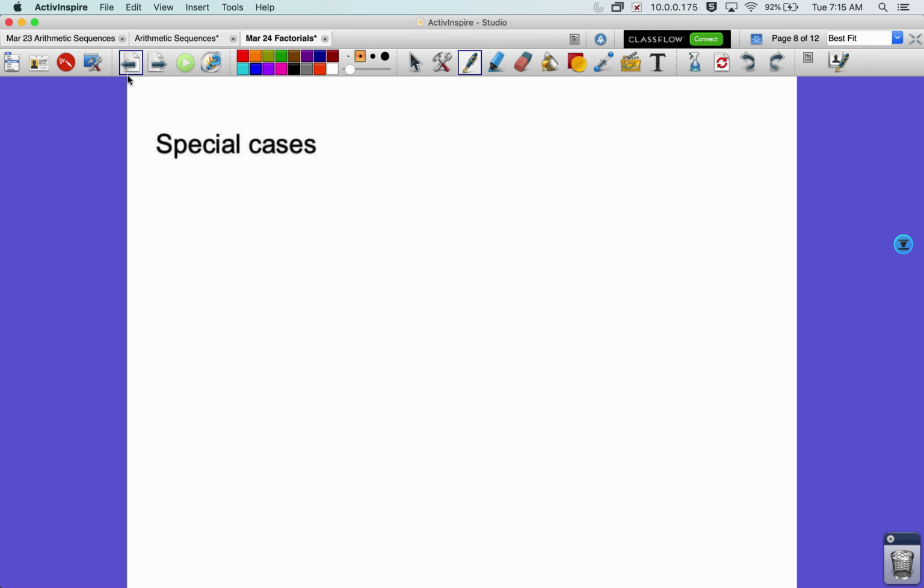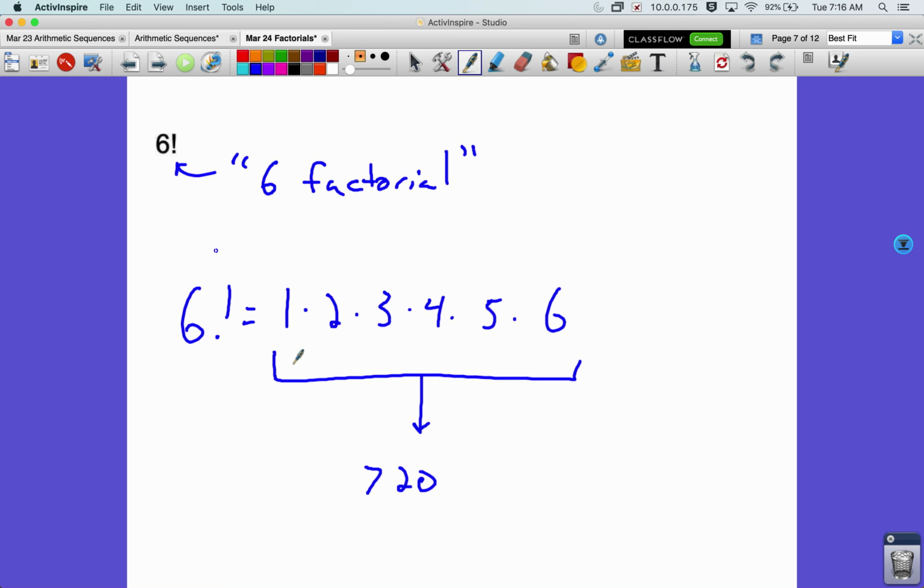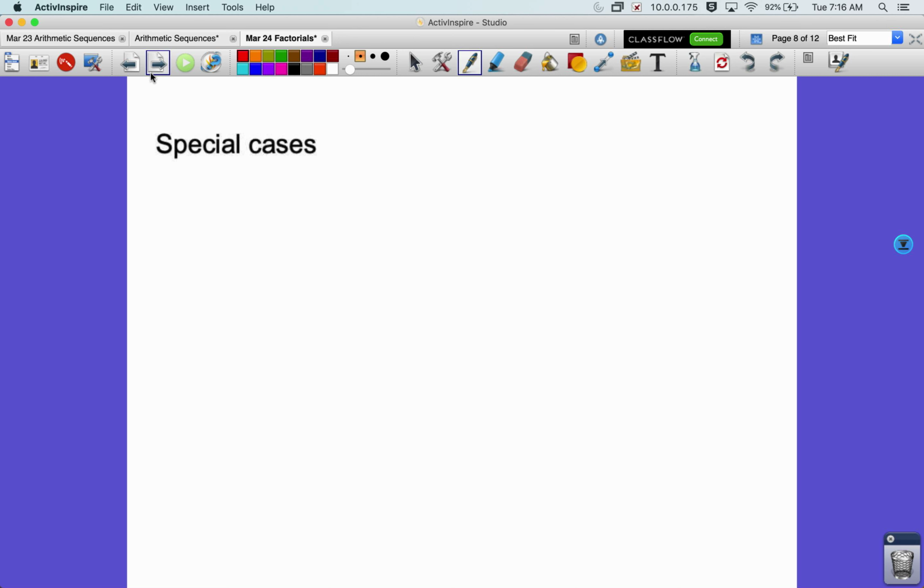All right. And let me just say, if I wanted to find 7 factorial now, I wouldn't have to do the 1 times 2 times 3 times 4 times 5 times 6. I could just say this is 6 factorial times 7 and just multiply by 7, because the 6 factorial is within 7 factorial, and then it gets multiplied by a 7. Okay.